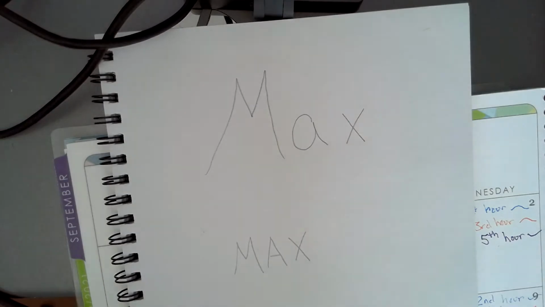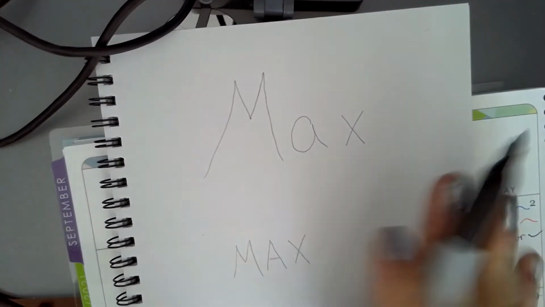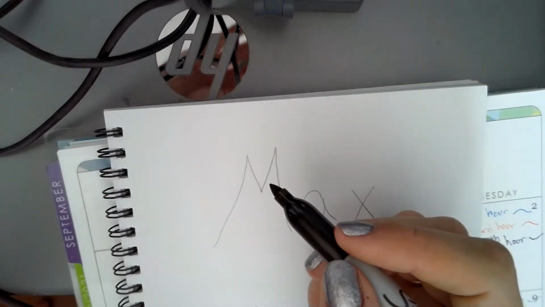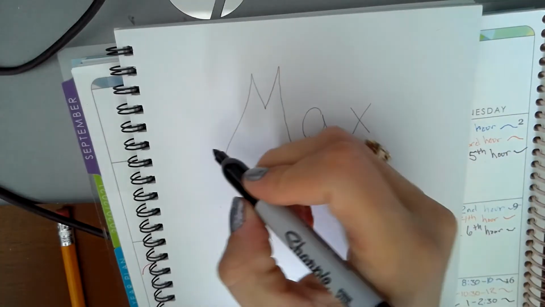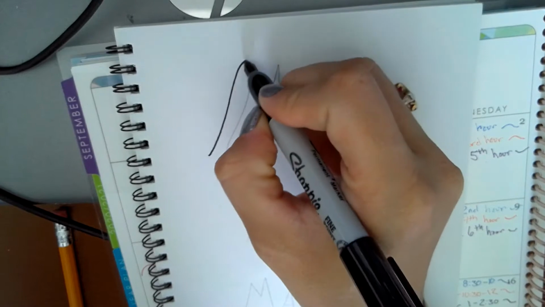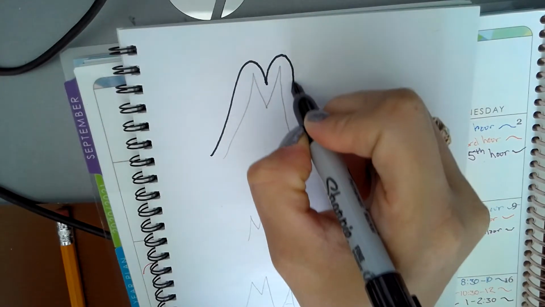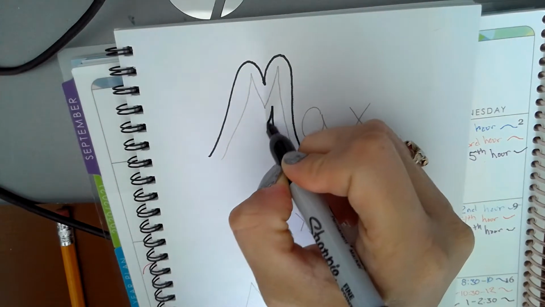So I'm going to show you what you're going to do. The first thing is you're just going to write your name as normal as you can. The second thing you're going to do is grab a Sharpie marker and outline what you have already created.